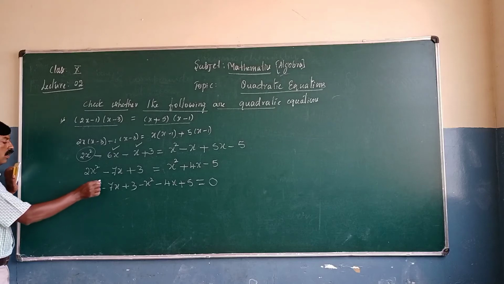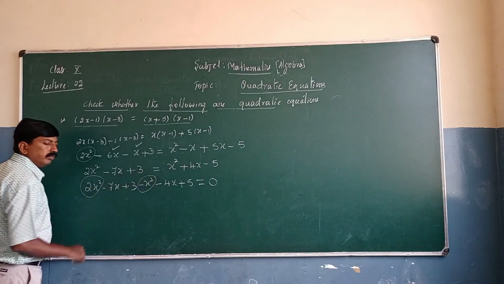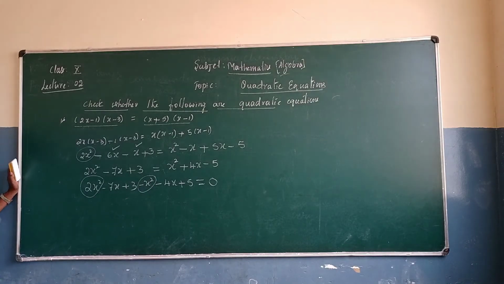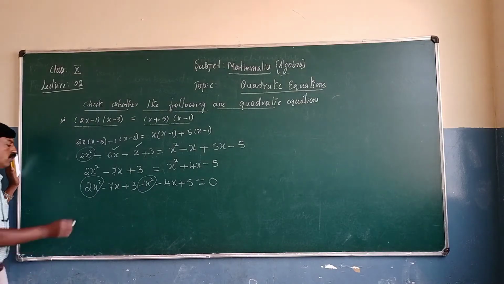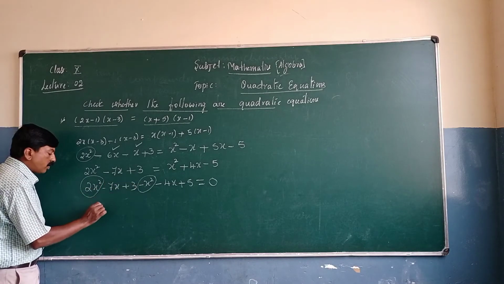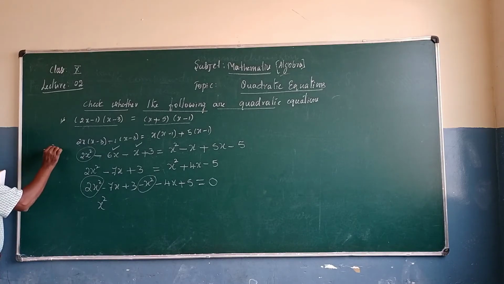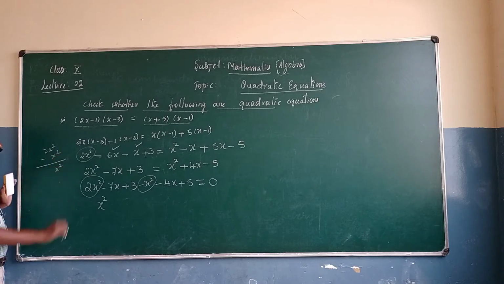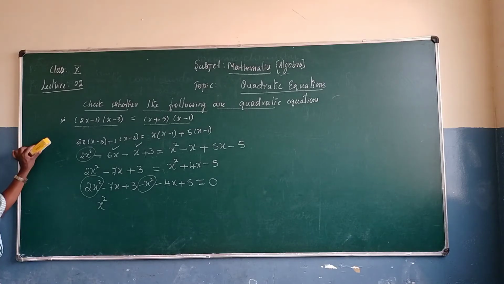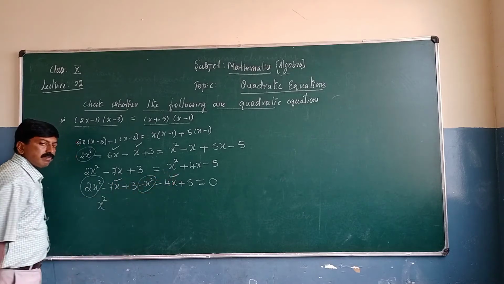Now observe, plus 2x square minus x square are like terms. So plus 2 minus 1 is 1. 1 into x square, x square. That is 2x square minus x square. The difference of these two is x square. Now minus 7x minus 4x.